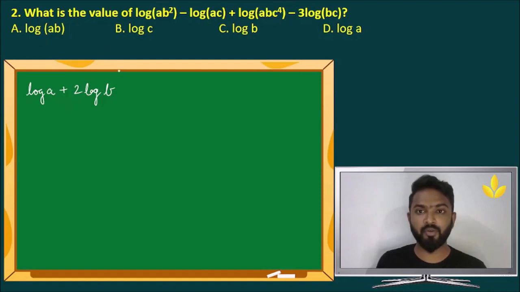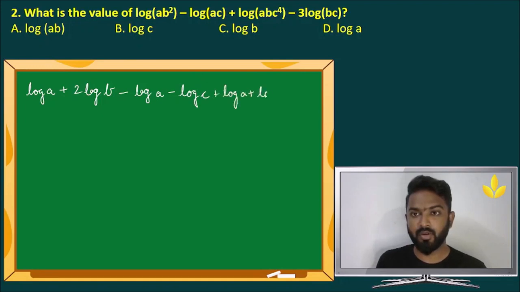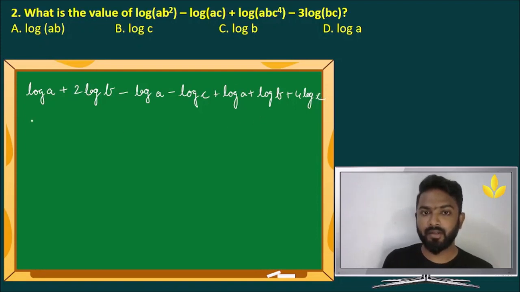Minus log of a minus log of c plus log of a plus log of b plus 4 log of c, and then minus 3 log of b minus 3 log of c.